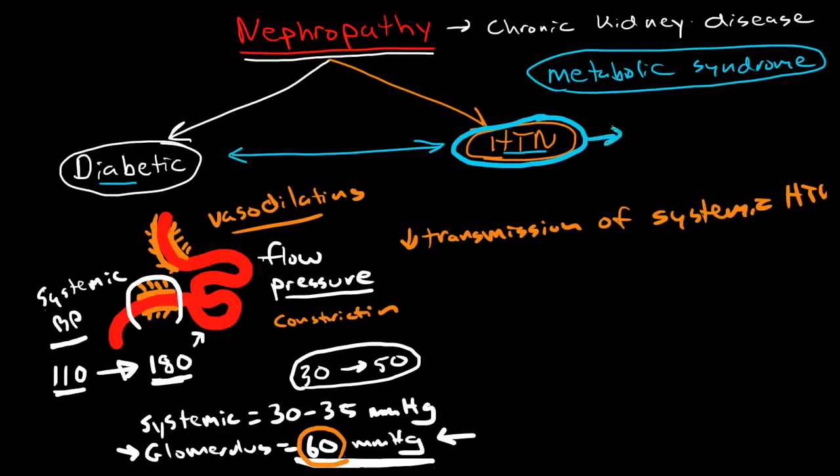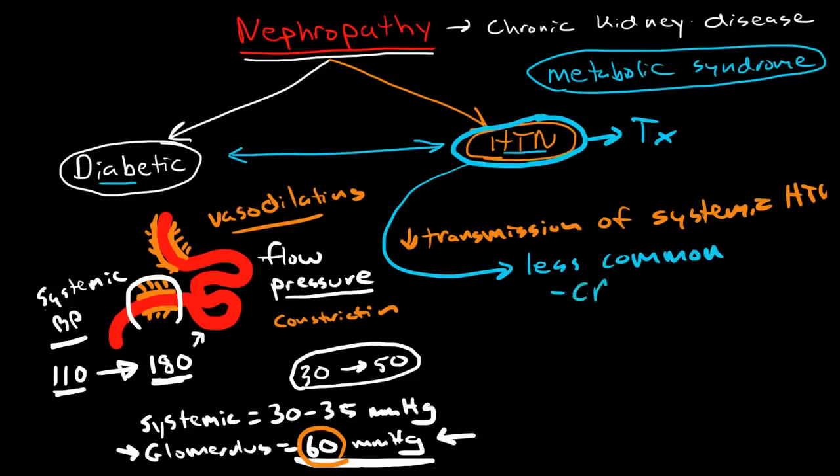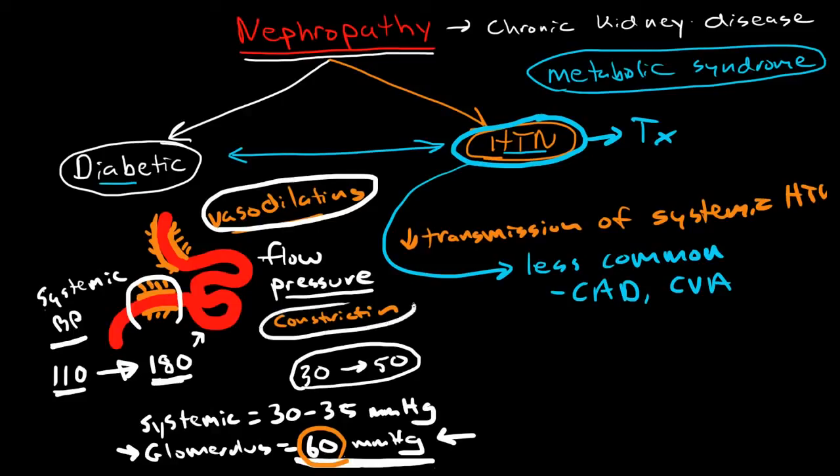One of the reasons is because we treat hypertension nowadays, but the development of hypertensive nephropathy is much less common than other diseases that are caused by hypertension, like coronary artery disease and cerebrovascular disease that can cause strokes. Why is it less common? Well, a lot of it has to do with these ameliorating factors that are built into the kidney.